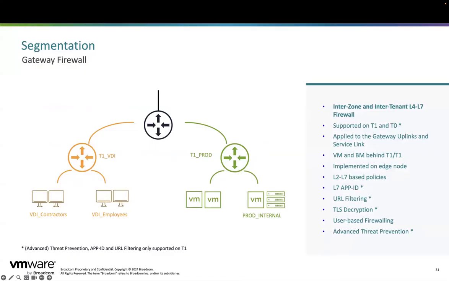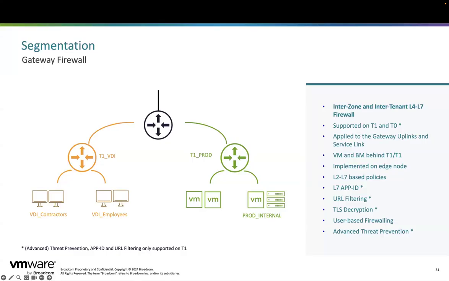Oh, the gateway firewall. So another use case, a different feature of our vDefend security portfolio, but this is interzone, inter-tenant L4 through L7 firewalling capability, supported on T1s and tier zeros, applied to the gateway uplinks and service links.